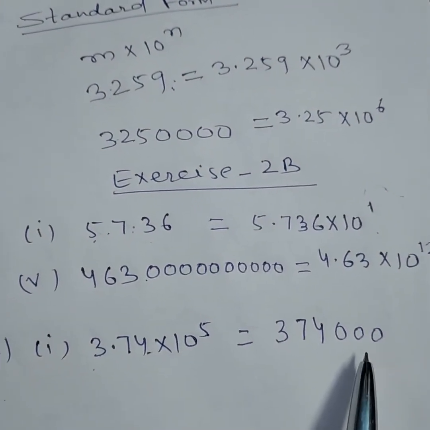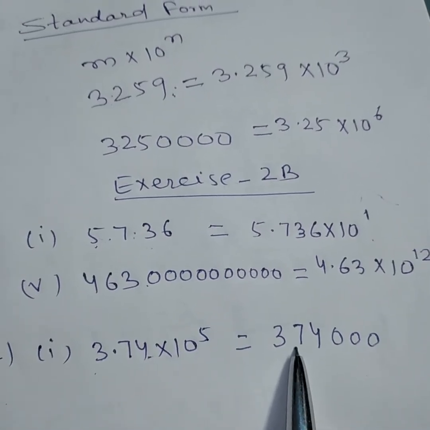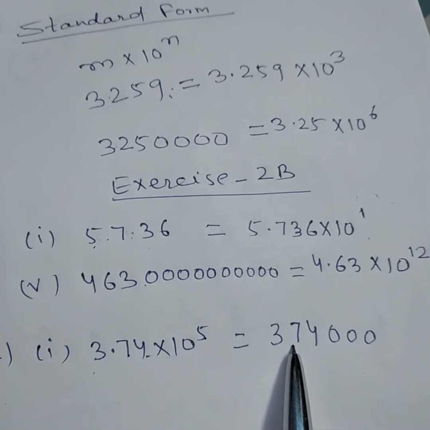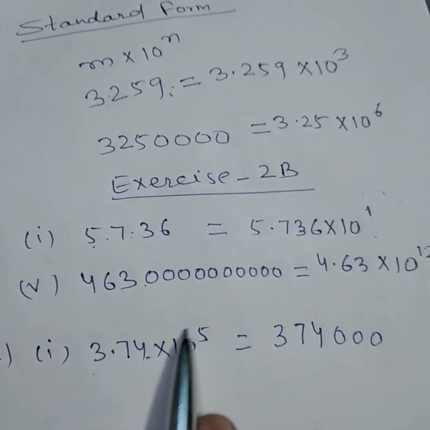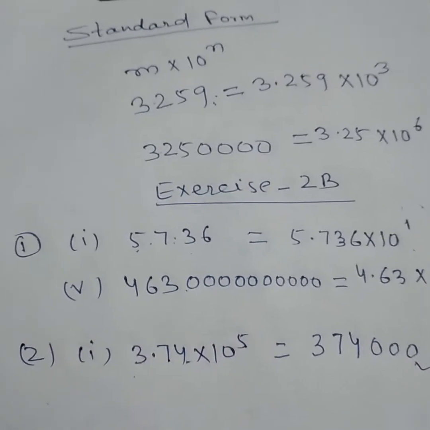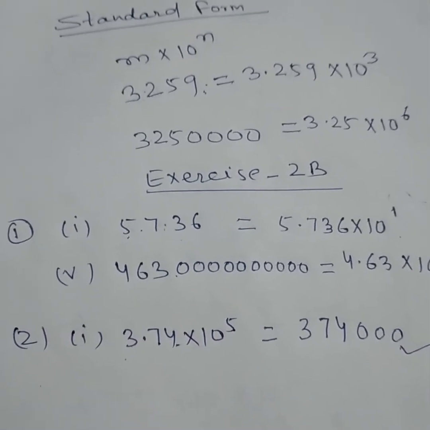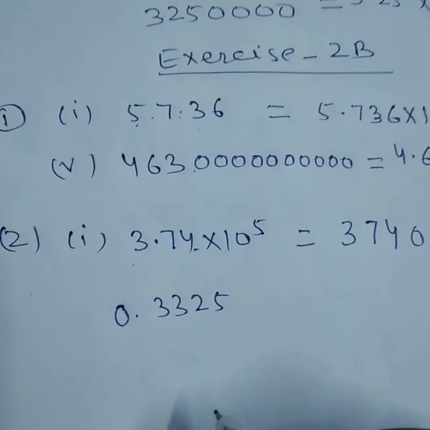Now check: 1, 2, 3, 4, 5. Between 3 and 7 the decimal is kept here, so 1, 2, 3, 4, 5, here it is 5, so our answer is right. In this way we can convert standard form into the usual number.